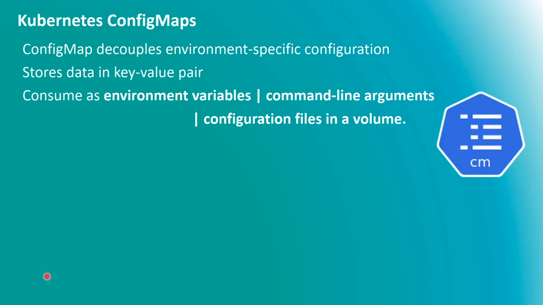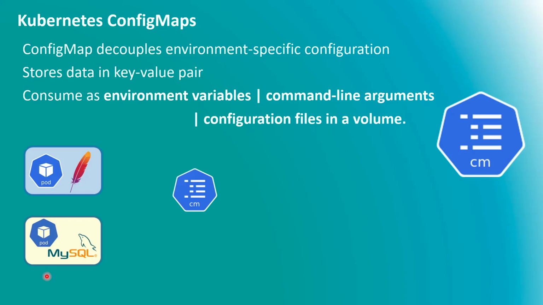You can mount a config map as a data volume inside your pod. Once we have our configurations in a config map, before connecting to the database, my front-end pod will get the configuration, that means all the database attributes, and then it will establish the communication.